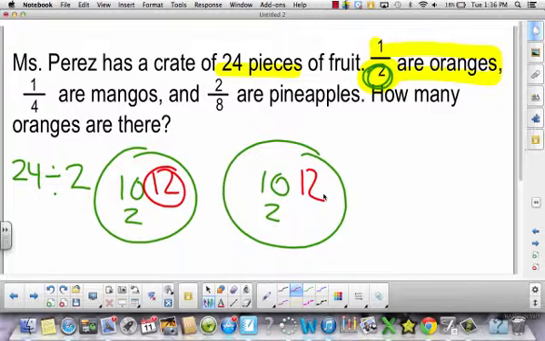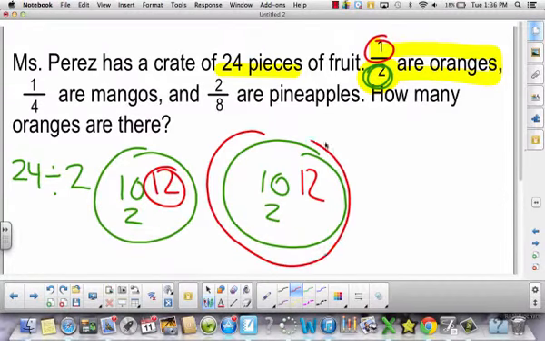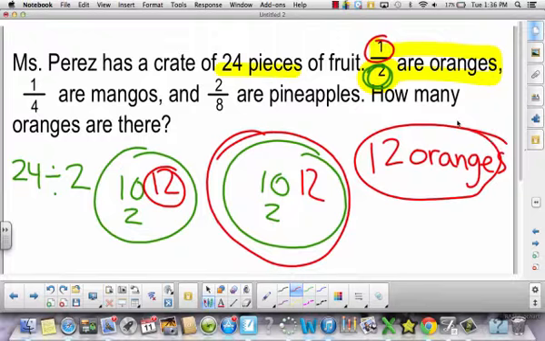If I go back to my fraction, I can see how many out of the 2 are oranges, and 1 out of the 2 are oranges. So that means I have 12 oranges. And I want to make sure I label my problem so I know what it is I'm talking about.